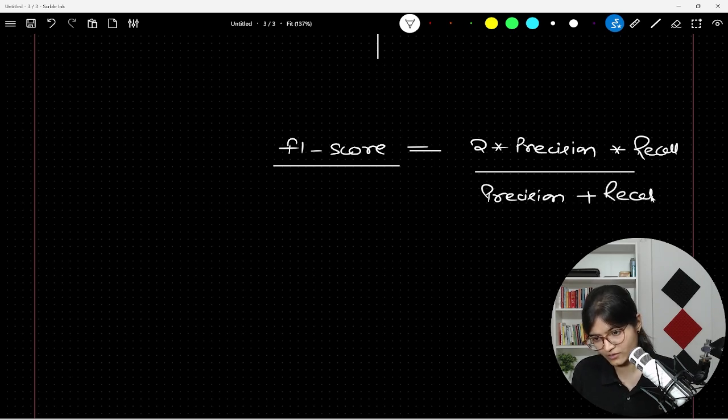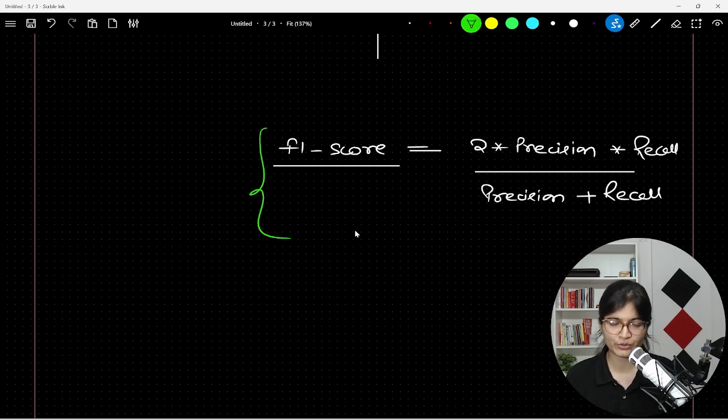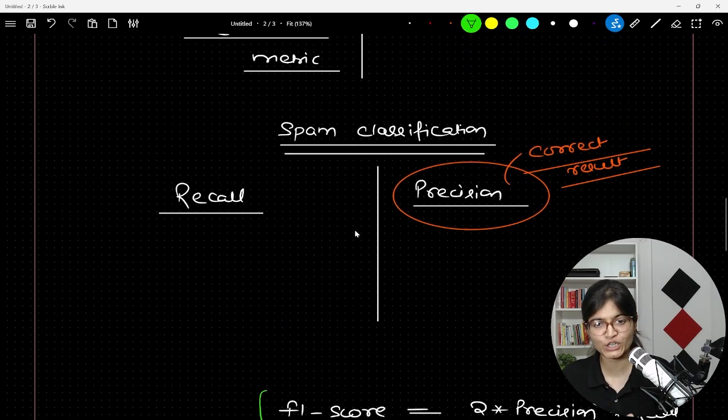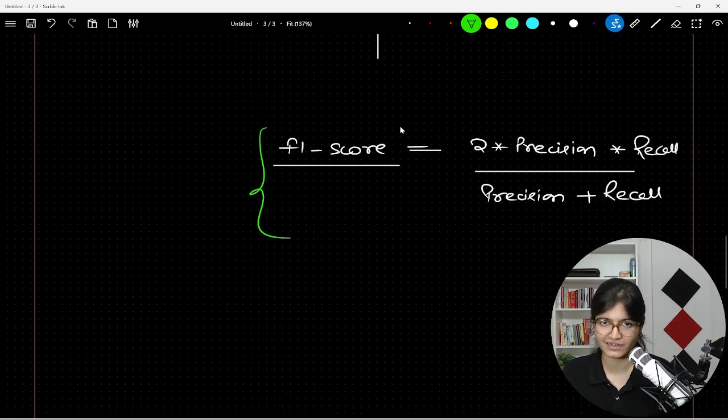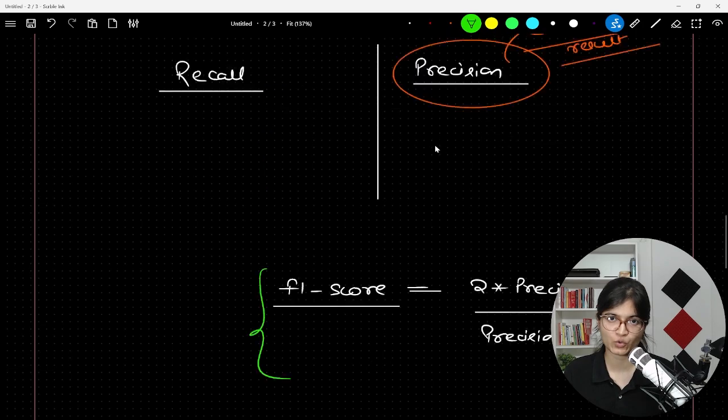So you can see it's a combination of both of them. If at any point of time you won't be able to decide, or there is any use case where you feel that both of them are equally important, you can always go for this other evaluation metric, which is the F1 score.